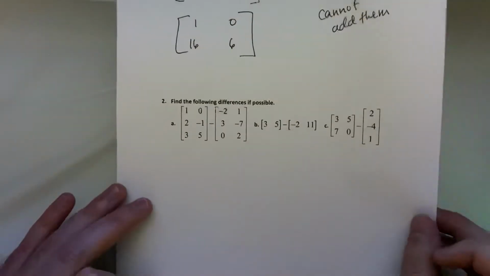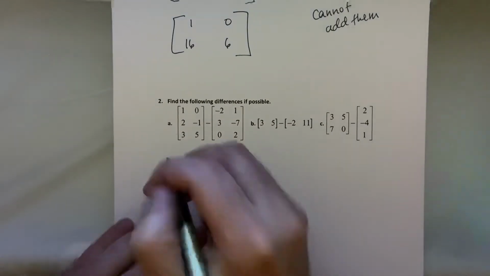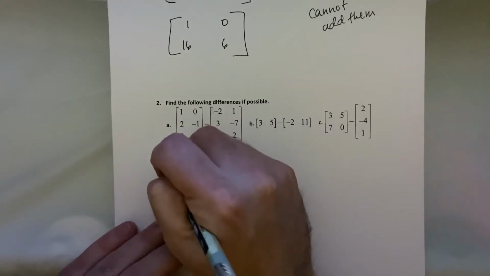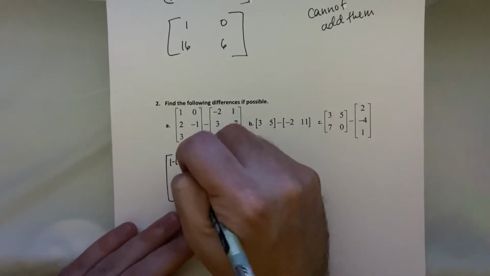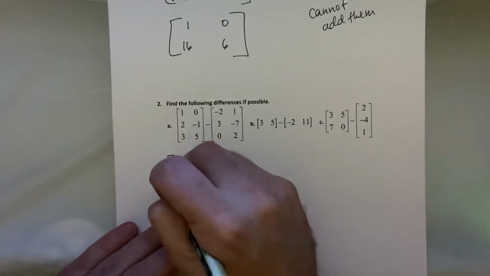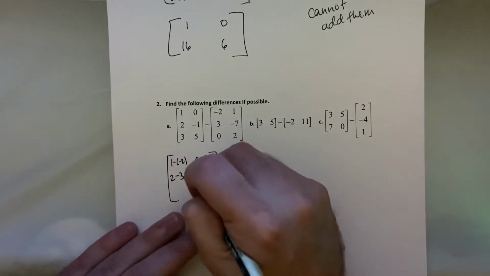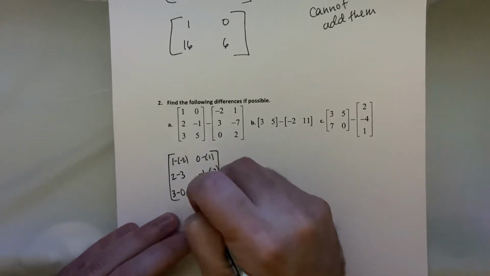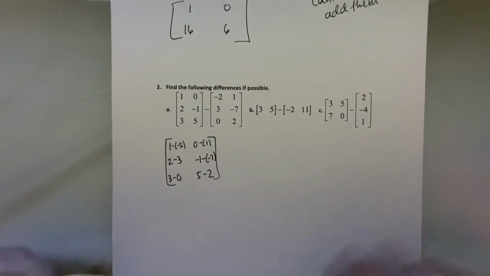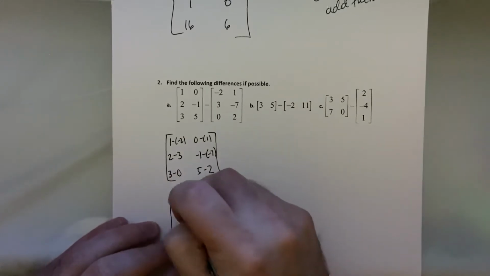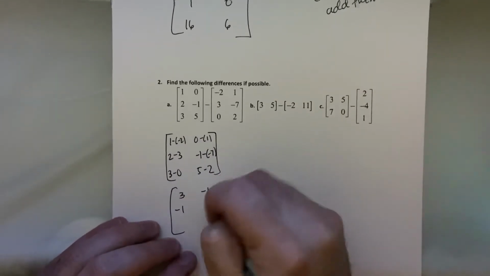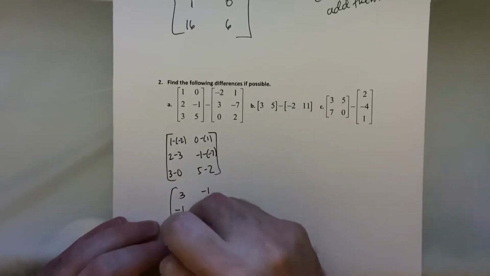Subtraction works exactly the same as addition. If they're the same size, you subtract components. So in A, they are the same size. So you have 1 minus negative 2, 0 minus 1, 2 minus 3, negative 1 minus negative 7, 3 minus 0, and 5 minus 2, which is 3, negative 1, negative 1, 6, 3, 3.